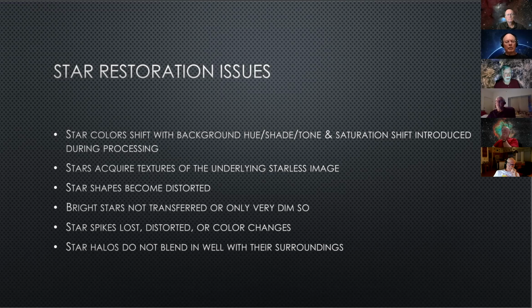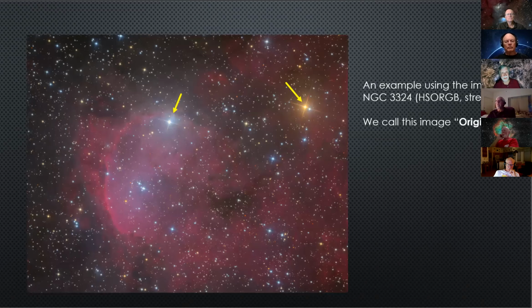Star spikes are often lost and distorted, and star halos arise in both methods. If you put the stars back into an image that you've brightened considerably, the star halos will be large and unsightly. And I've written another piece of script that helps remediate that a bit, but it's still a remaining problem.